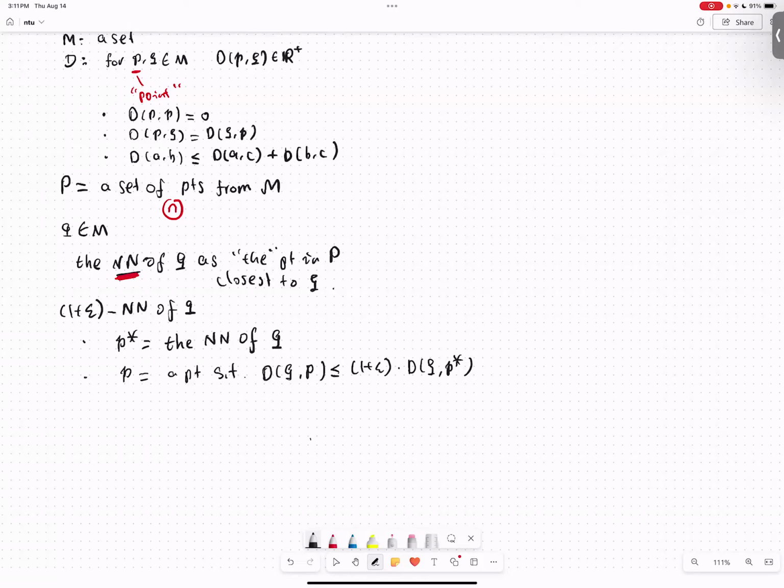I want to do this fast, because one simple way to achieve the purpose is to simply scan all the points in the data set. For every point, you spend constant time calculating the distance between this point and the query, and then after n time, you will be able to solve any query.